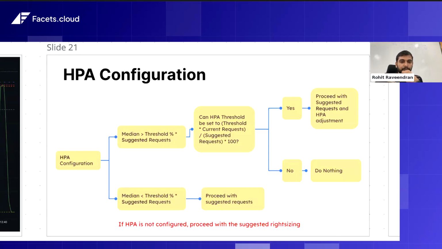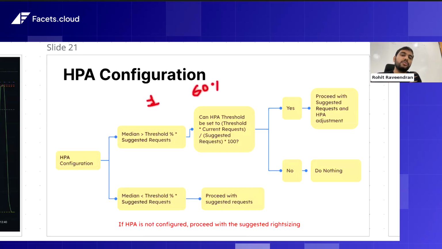So if the median utilization percentage is greater than the HPA threshold percentage into the new suggested request, right? So let's say, for example, earlier your application had a request of 1, and it used to scale up at 60%, right?